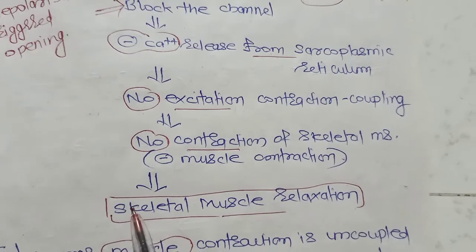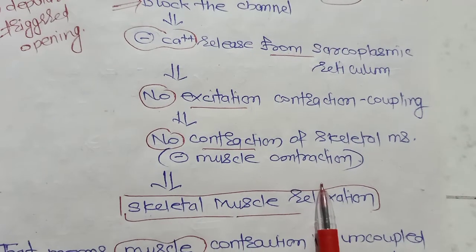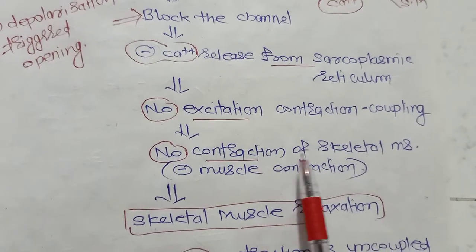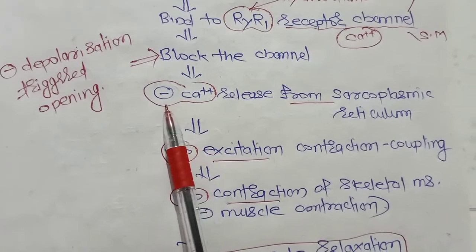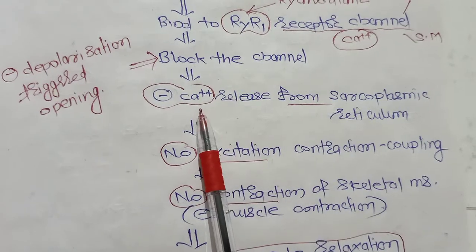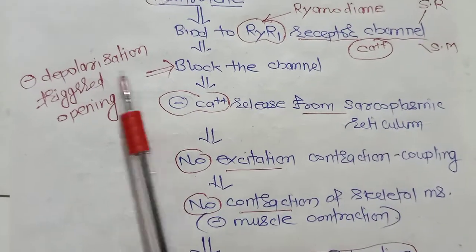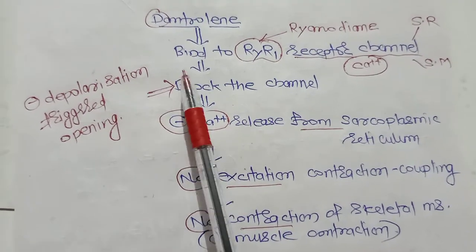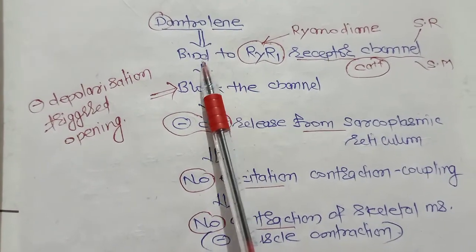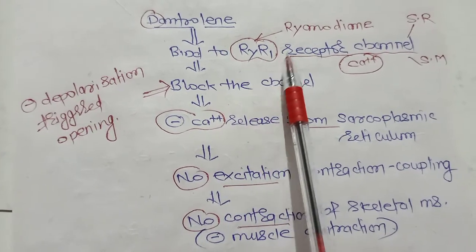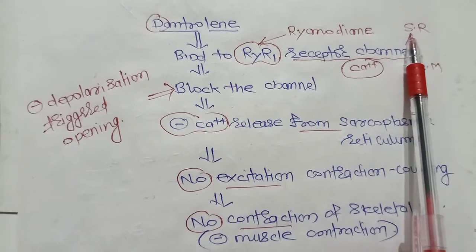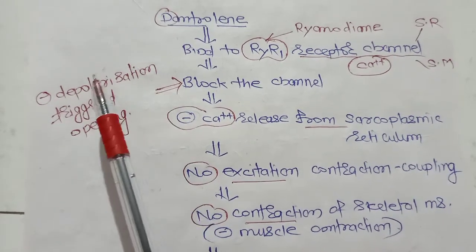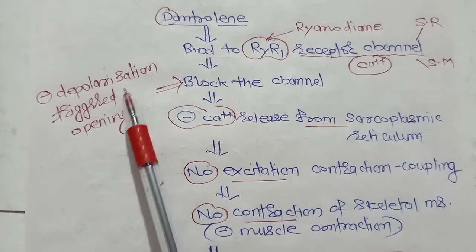How does it cause skeletal muscle relaxation? Because there will be no excitation contraction coupling, it will inhibit the muscle contraction. How? Because there will be no release of calcium from the sarcoplasmic reticulum. Why is calcium not released? Because dantrolene binds to the ryanodine receptor channel present on the sarcoplasmic reticulum of the skeletal muscle, and inhibits the depolarization triggered opening.